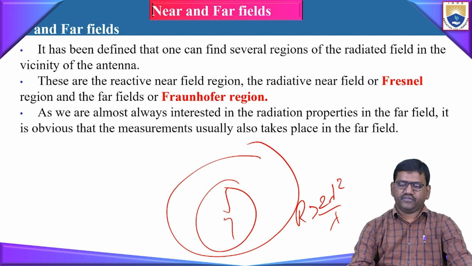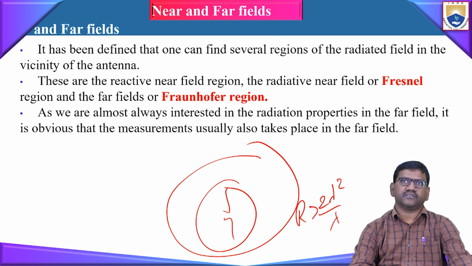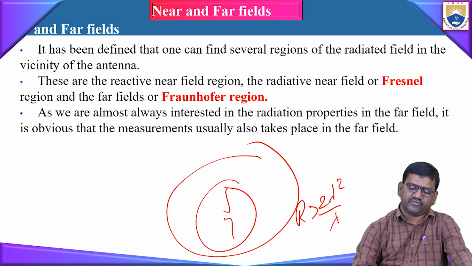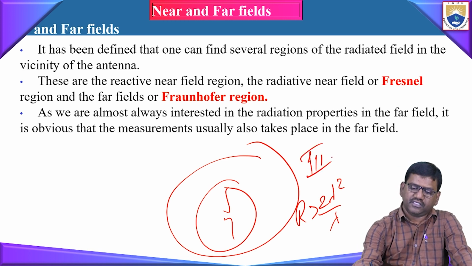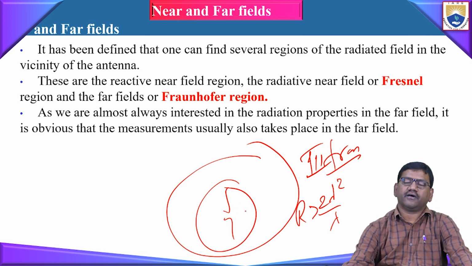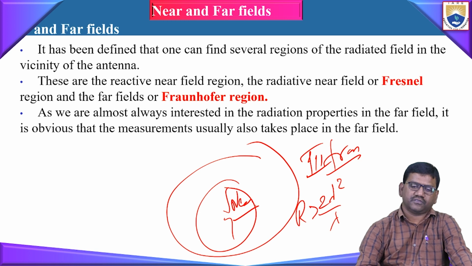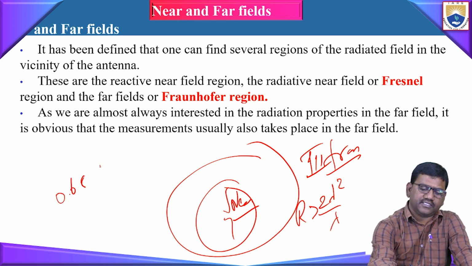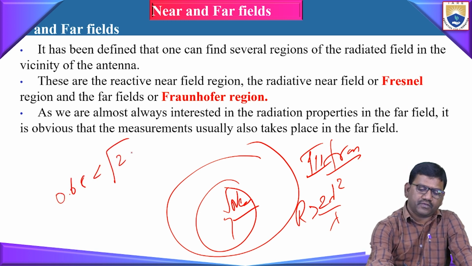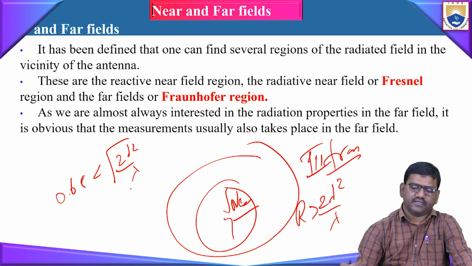So there are the reactive near field zone, the radiative near field zone or Fresnel zone, and the far field or Fraunhofer zone. So this third zone is also known as the Fraunhofer zone. The region immediately surrounding the antenna, we call the near field zone, where R is less than 0.62 root of D cubed by lambda.